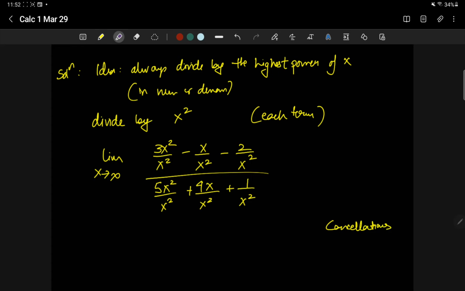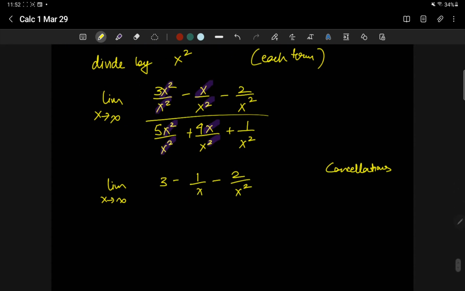That gives us the limit as x goes to infinity of 3 minus 1 over x minus 2 over x squared, divided by 5 plus 4 over x plus 1 over x squared.